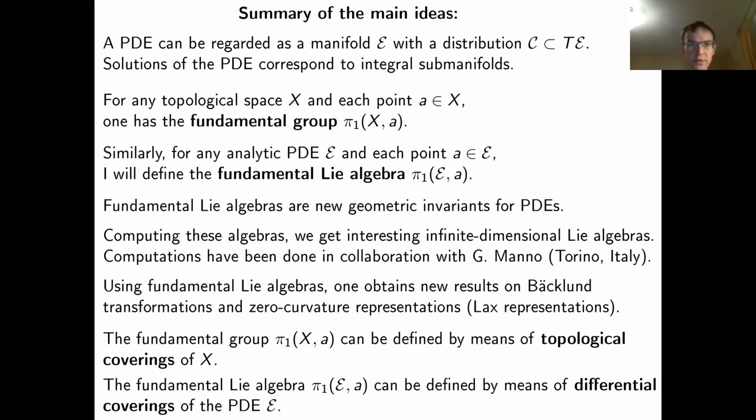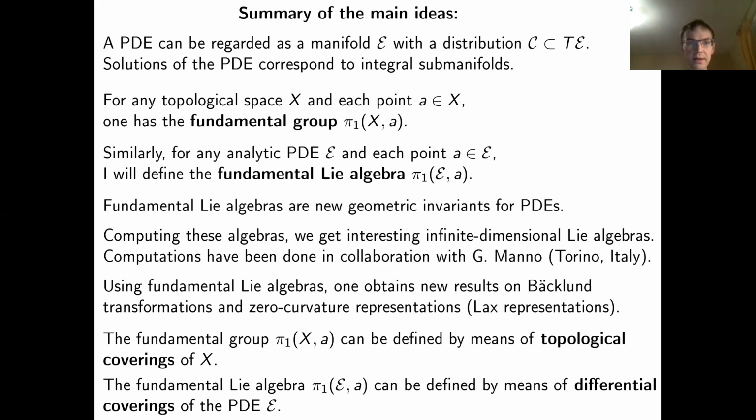Next, using fundamental algebras, one can obtain new results on Bäcklund transformations and zero curvature representations, which are also called Lax representations. And now, what is the main idea behind the definition of fundamental algebras? Recall that the classical fundamental group can be defined by means of so-called topological coverings of X. So in topology, there is a notion of coverings.